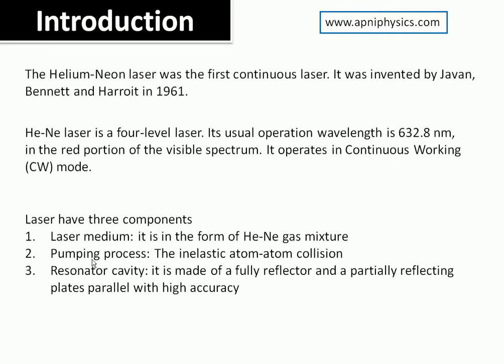Second is the pumping process, that is, what type of pumping is used to populate the energy levels, and here it is atom inelastic collision. And third is the resonator cavity, in which all these processes run, that is the assembly of the 2 mirrors, right? One is a perfect reflector and the second one is a partial reflector.